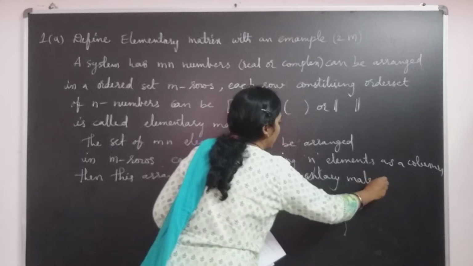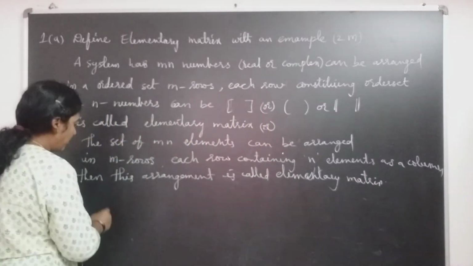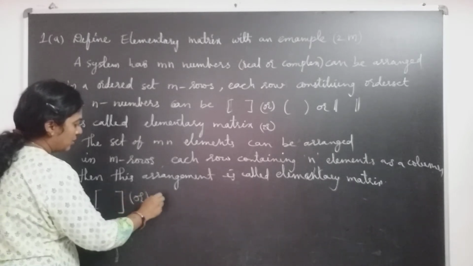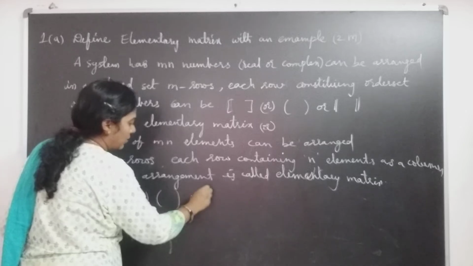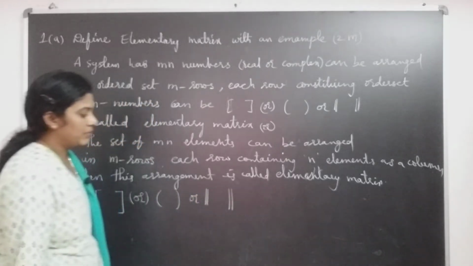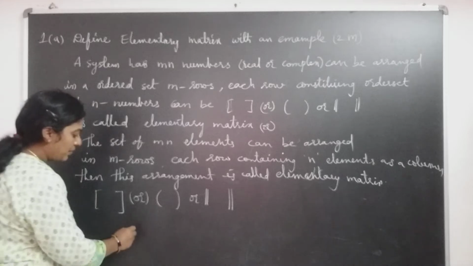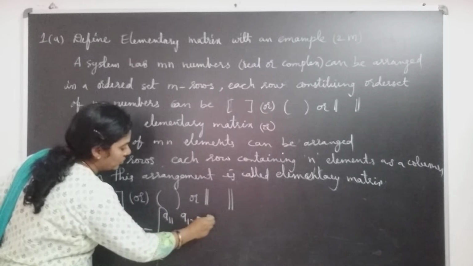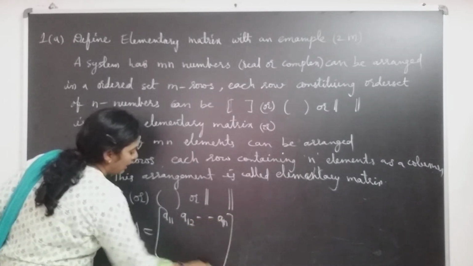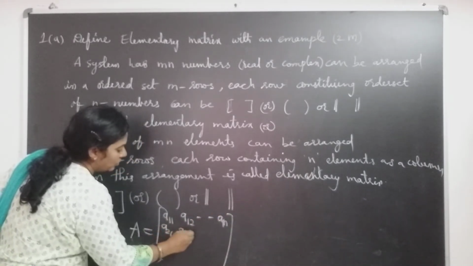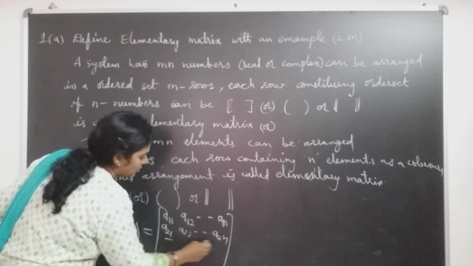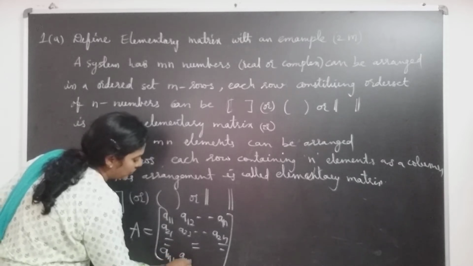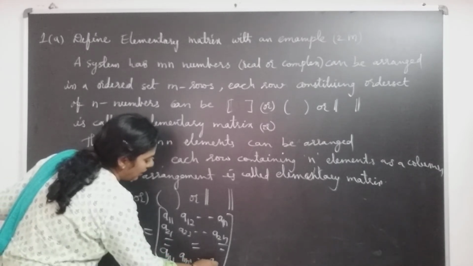The elementary matrix can be arranged in square brackets or open brackets or double line brackets or norm brackets. It is simply denoted by capital A equal to A11, A12, so on A1n, A21, A22, so on A2n, so on Am1, Am2, so on Amn.